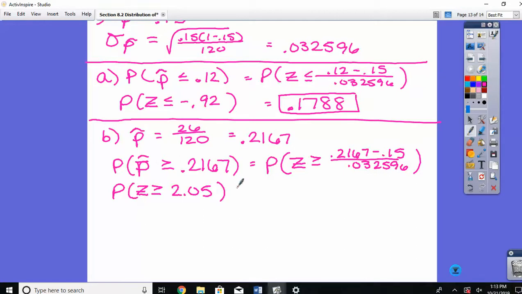So then reading from our table, greater than, we have to do 1 minus. Yep, because we get 0.9798.